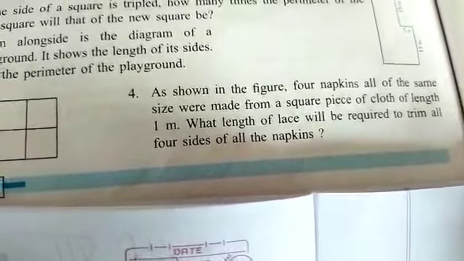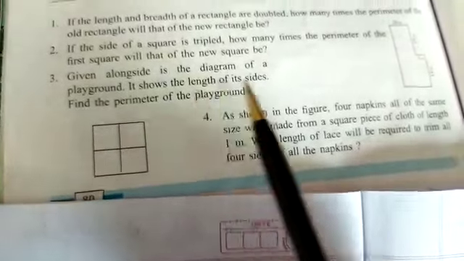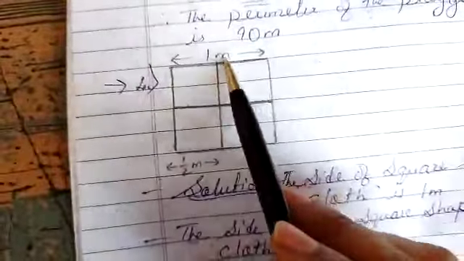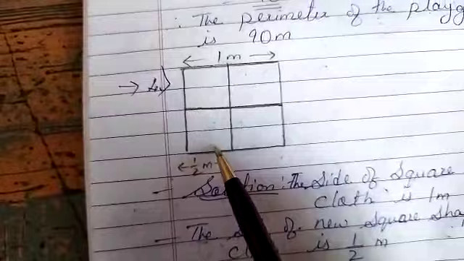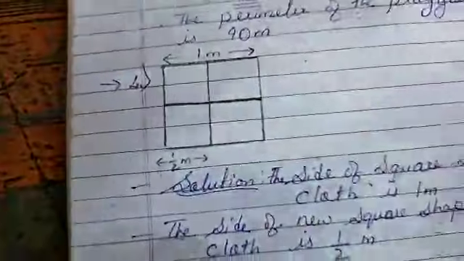As you know, a napkin has a square shape, so you have to apply lace on 4 sides. So let's see how much lace we need. First of all, we will draw a diagram, that is 1 meter, and this another box is half meter. Half and half becomes 1 meter.